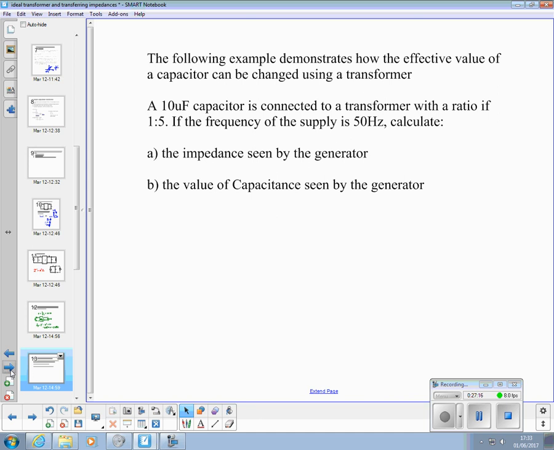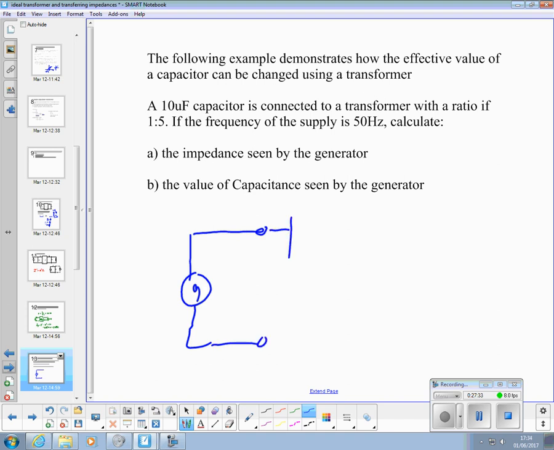Sorry, ZC is 318 ohms. This is the circuit, so there's the generator, there's our ideal transformer, and A is a fifth.